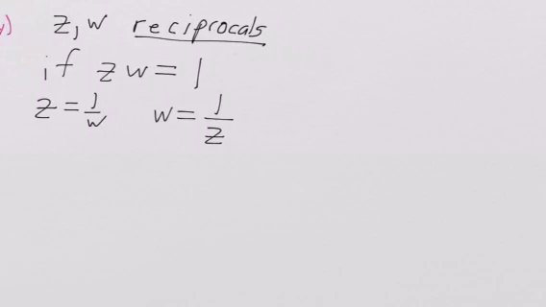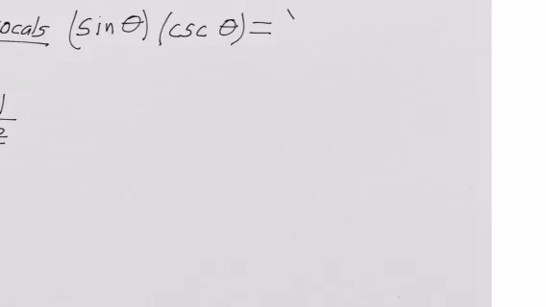So we're going to use what we learned in the last section. We're going to consider sine theta times cosecant theta. By definition, sine theta is y over r, and cosecant theta is r over y.